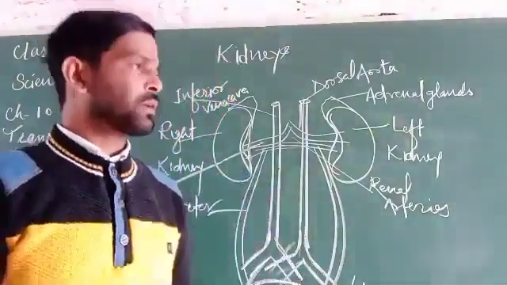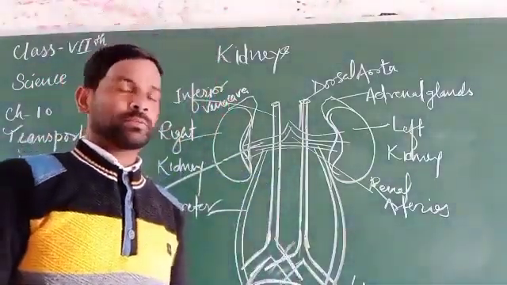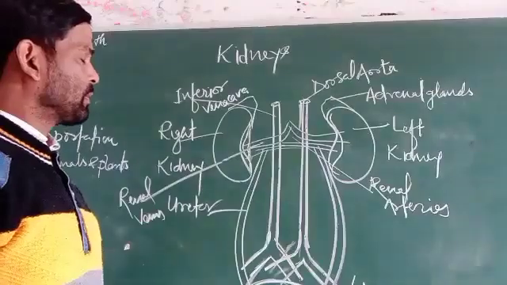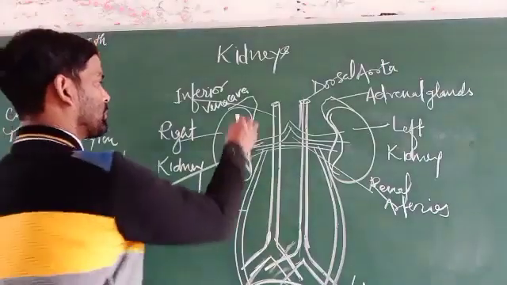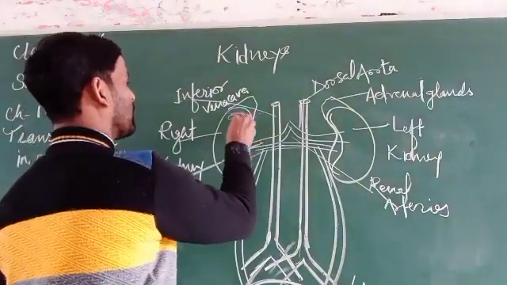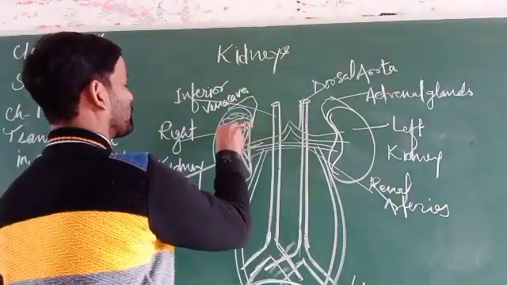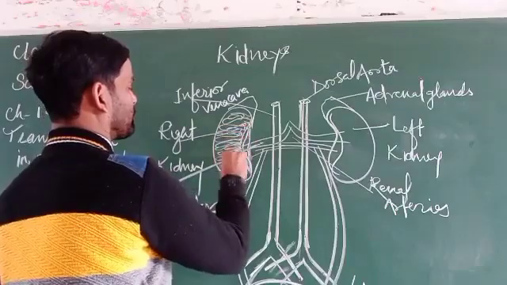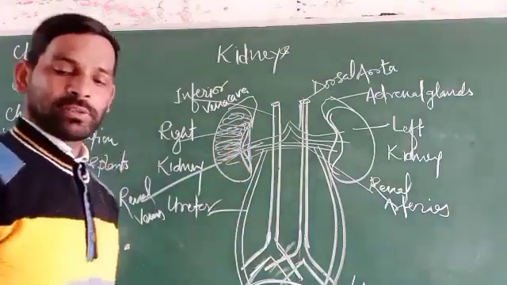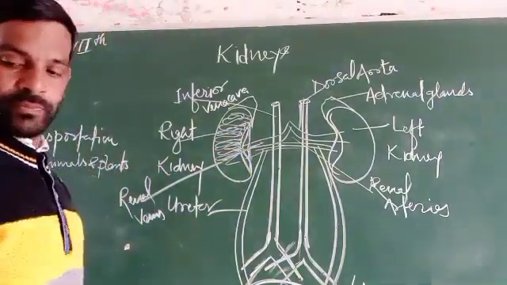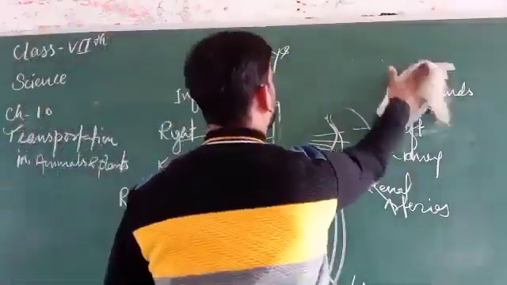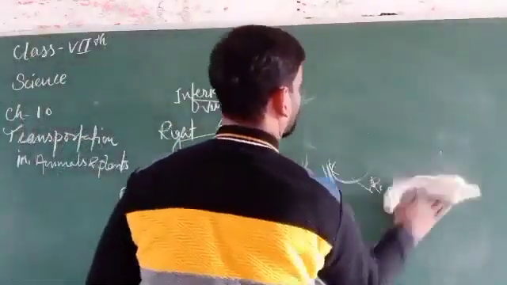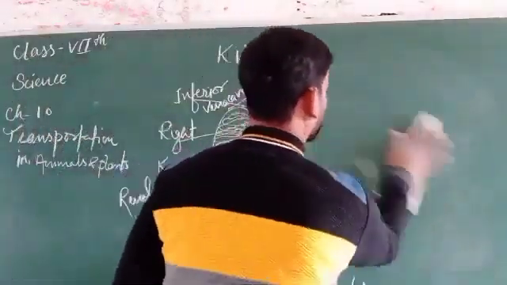Here is another structure which we have to discuss. First, there is a kidney in which there are a number of nephrons. So first of all, we will discuss nephrons, and how the filtration works.